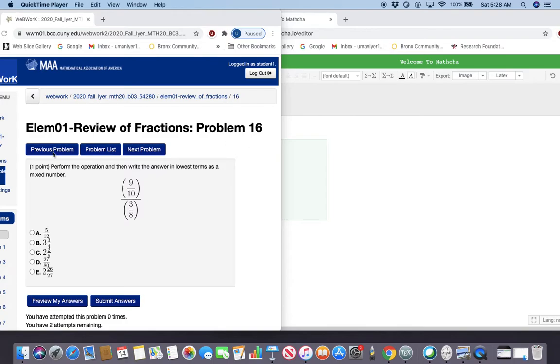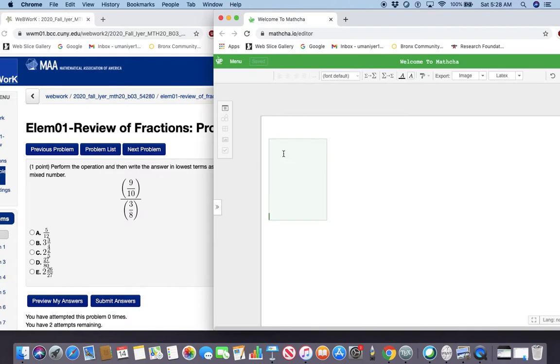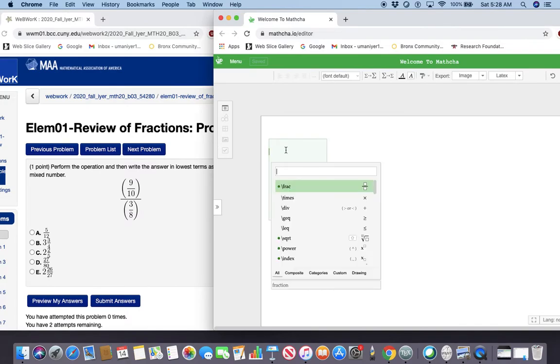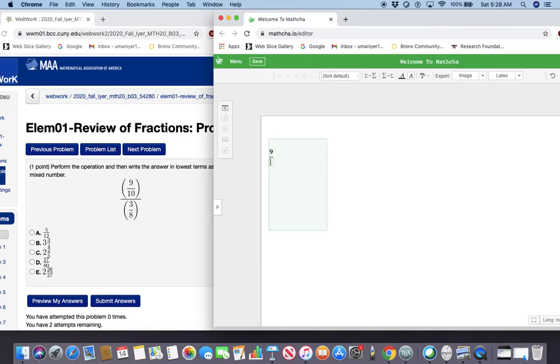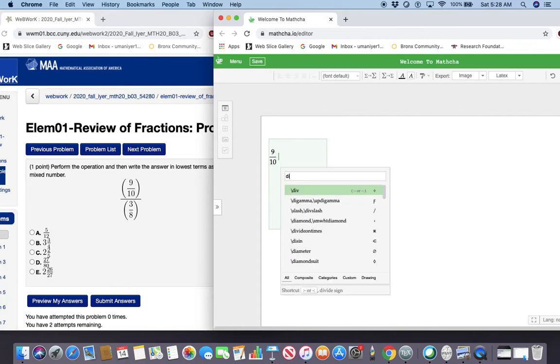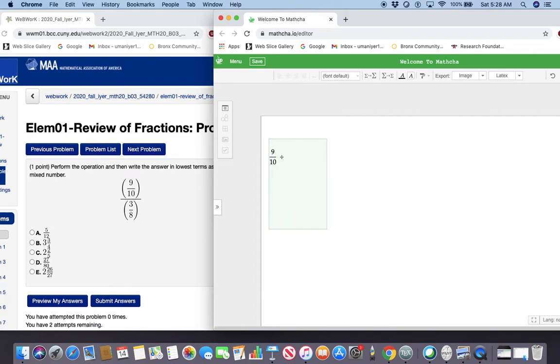Problem 16 from elementary O1: perform the following operation and then answer in the lowest terms as a mixed number. Okay, so this is a division of fractions. It's helpful to write it in the form of division using the division operator: 9 over 10 divided by 3 over 8.